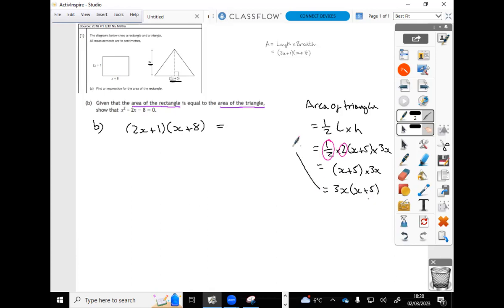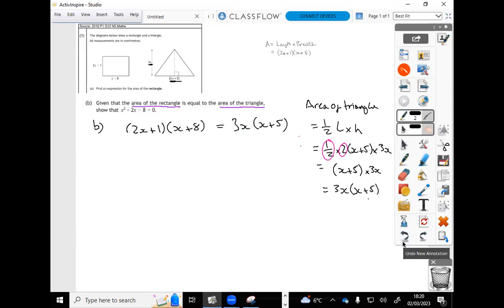So we can take that back up and put it equaling our area for the rectangle. If we take that 3x, x plus 5, that whole thing now becomes our expression.